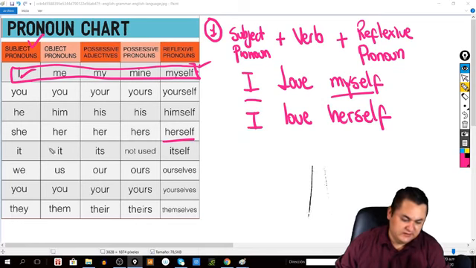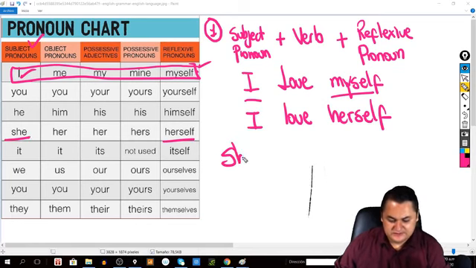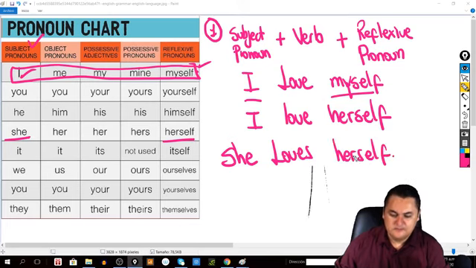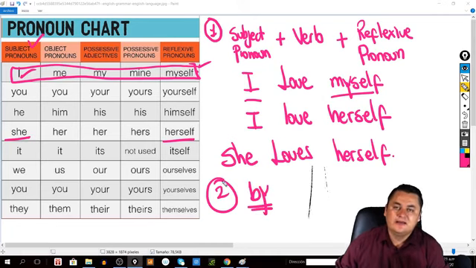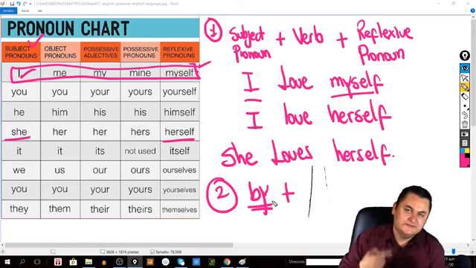I have to say she loves herself. And reflexive pronouns are usually used after the preposition by. By myself, by yourself, by himself, by herself, etc.